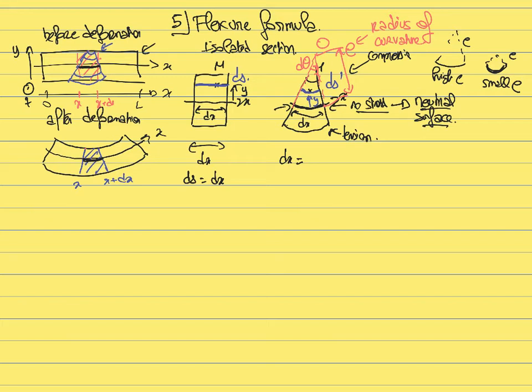So I can calculate the length of this portion of circle as the product of the angle, d theta, in radians, times the radius. If I get the product of the radius times the angle, that gives me the length of this portion of circle.